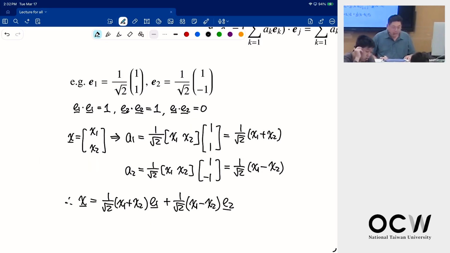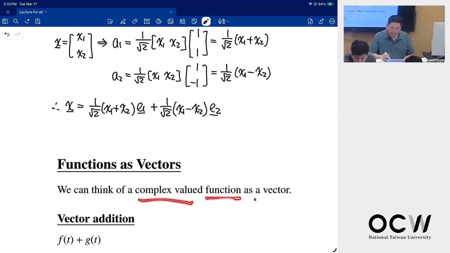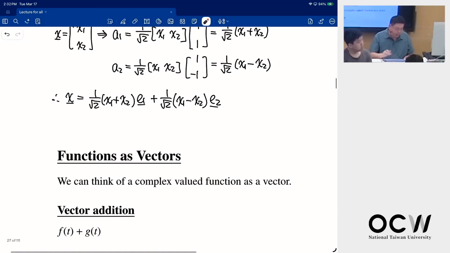Now this is just a vector, okay, and we can also express functions as vectors. We can think of a complex valued function as a vector. So we can do vector addition, vector subtraction, or the vector inner product.